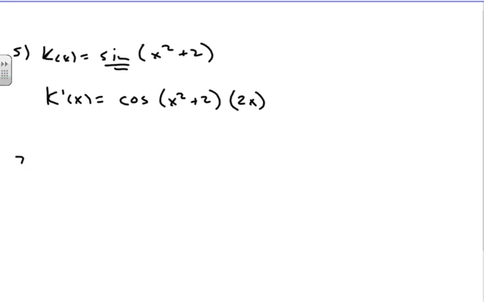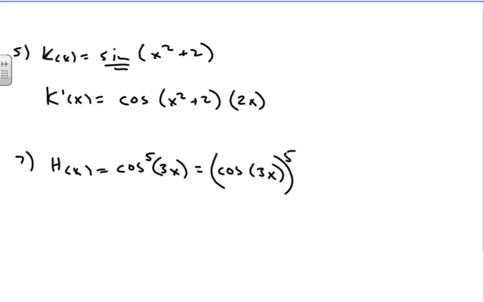That is for problem number 5. Problem number 7, what we have is h of x equals cosine to the 5th power of 3x. Whenever I have a problem like this, we like to rewrite this as cosine of 3x, all of that to the 5th power, because this expression means we're taking the entire quantity cosine of 3x to the 5th.